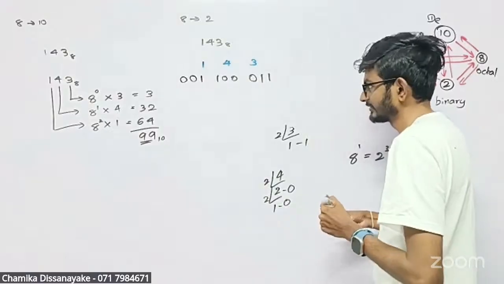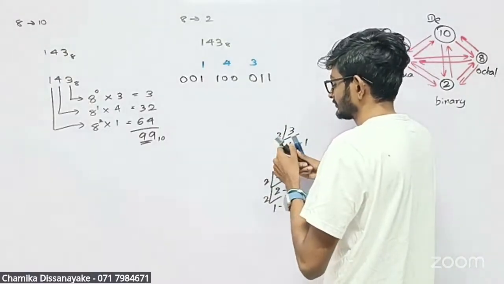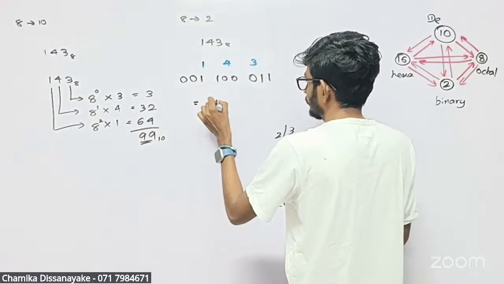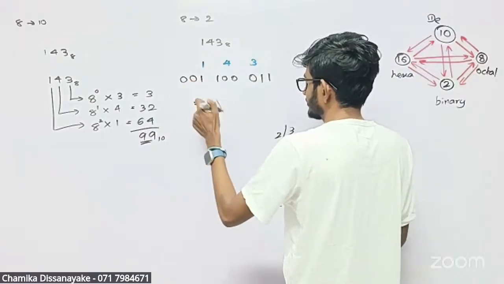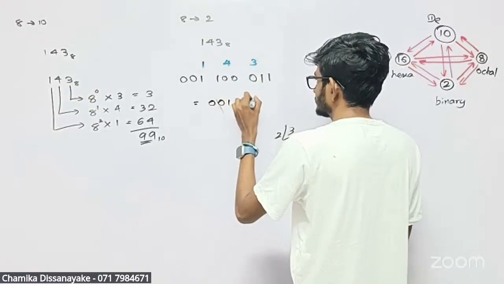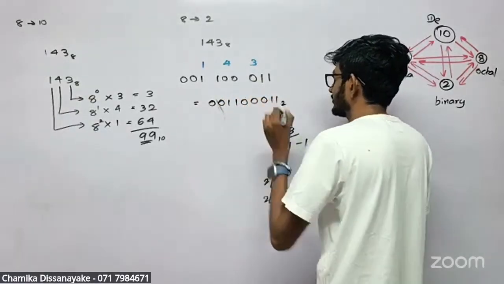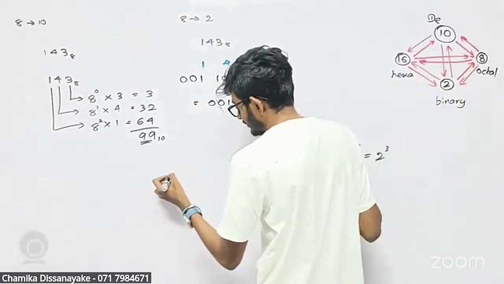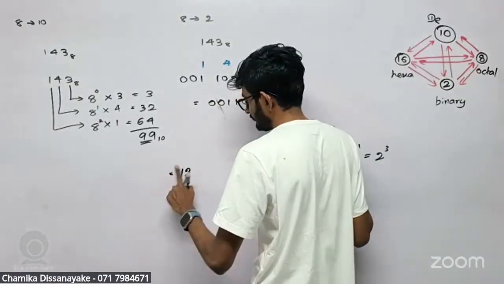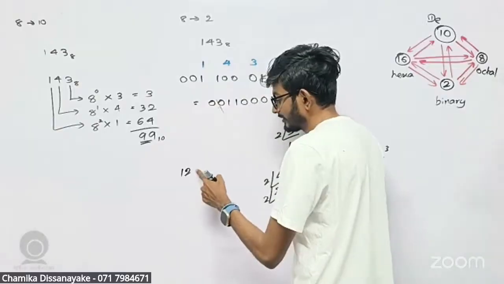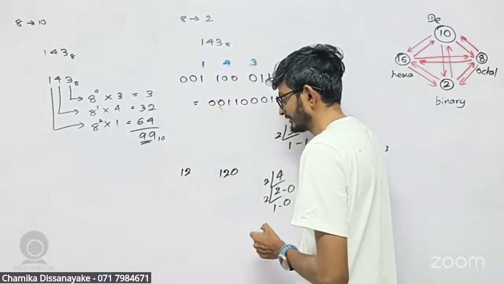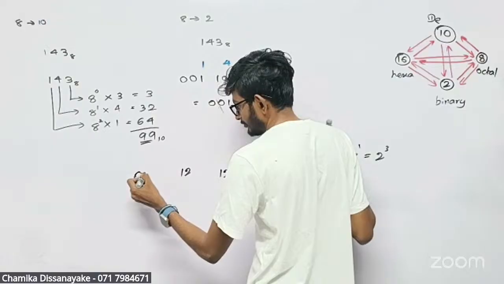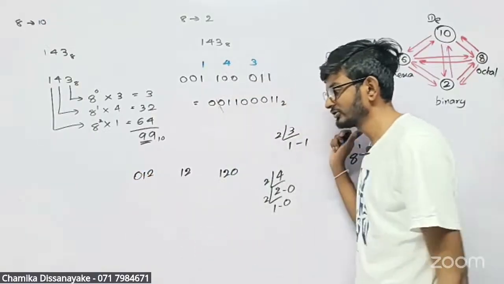So then we can remove the space and write 0, 0, 1, 1, 0, 0, 0, 1, 1. This is in binary. But as I told you, if we have the value 12 and I add 0 here, 120, the value changes. What if I add 0 in the front? 012, the value is not changed.